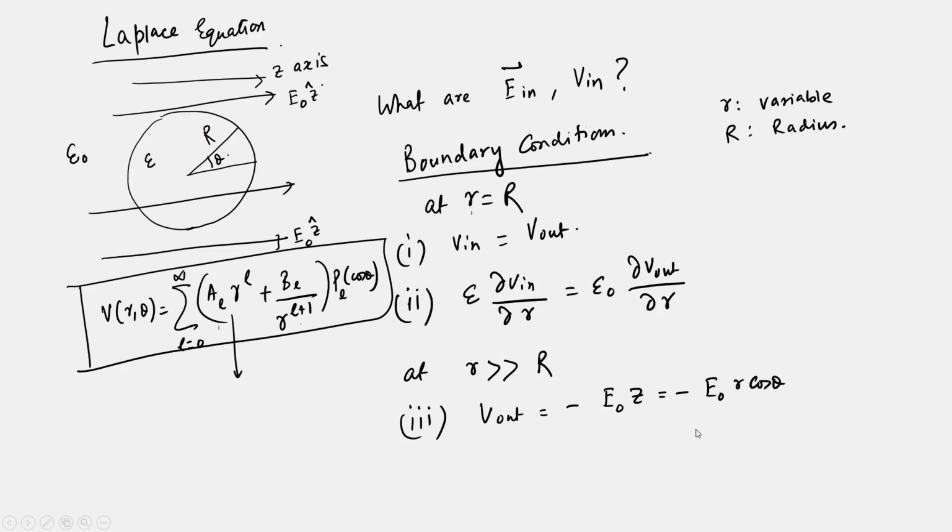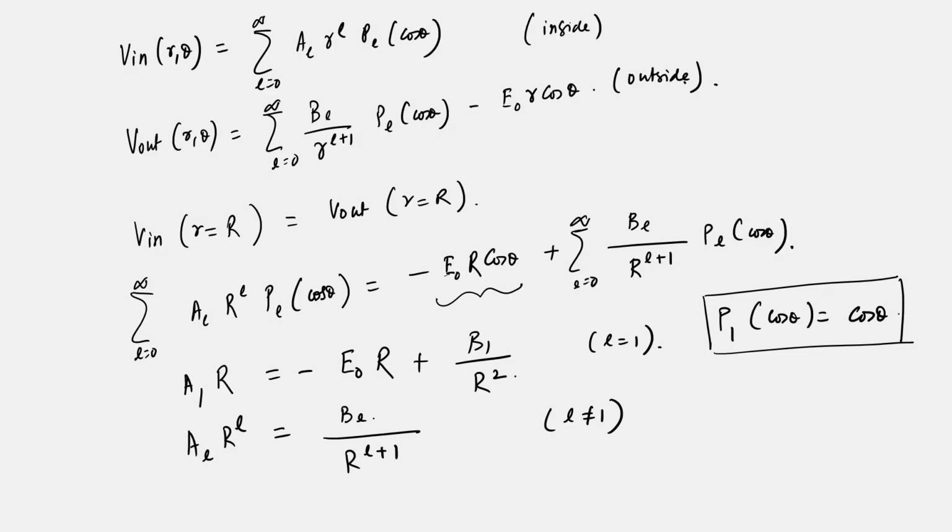second condition, which is epsilon del V in del r equal to epsilon 0 del V out del r. That condition gives, I write it as epsilon r, where epsilon r is nothing but epsilon by epsilon 0.